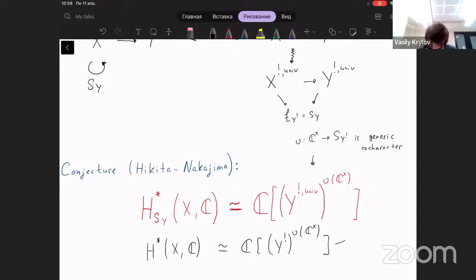Hikita proved this version for T star G mod B, and for the Hilbert scheme of points on C2.